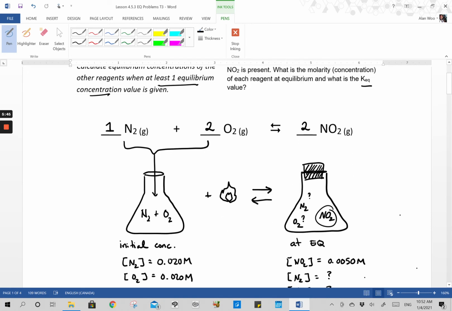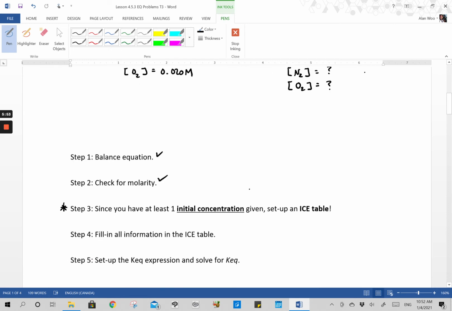So we actually have more than one. We have both initial concentrations given, but if you have at least one given, you have to set up an ICE table. Now, the key to a type 3 is that you're also given at least one equilibrium concentration.